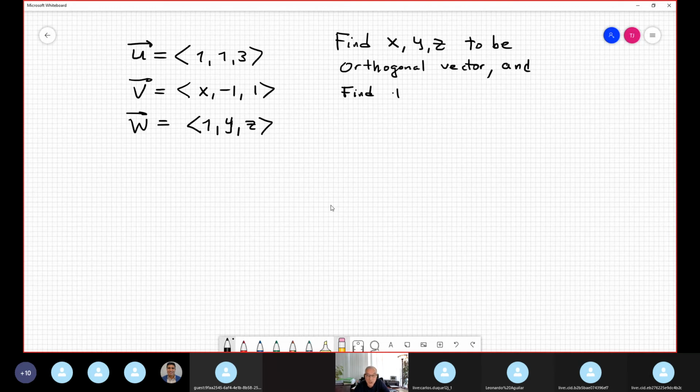And after, when you find x, y, and z, you need to find also the new orthonormal base. What does that mean? Ortho is 90 degrees. Normal is unit vector. So I need to find x, y, and z in this problem to get the U vector, B vector, and W vector to be orthogonal.